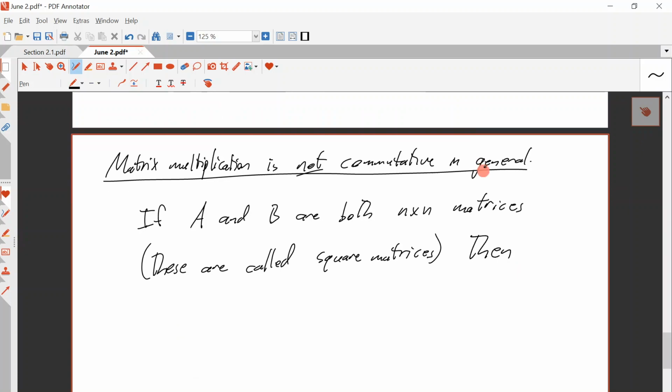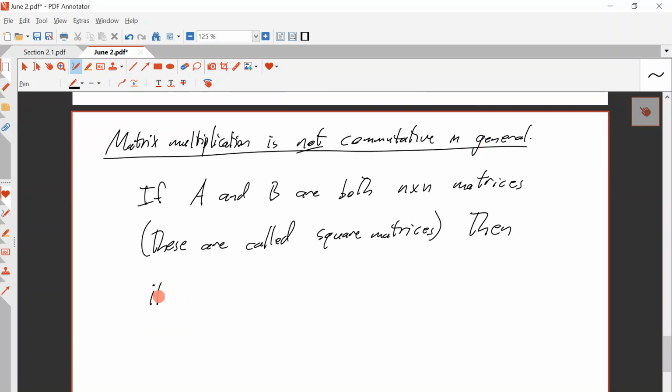Then it might be that A times B is not equal to B times A. They might be the same.